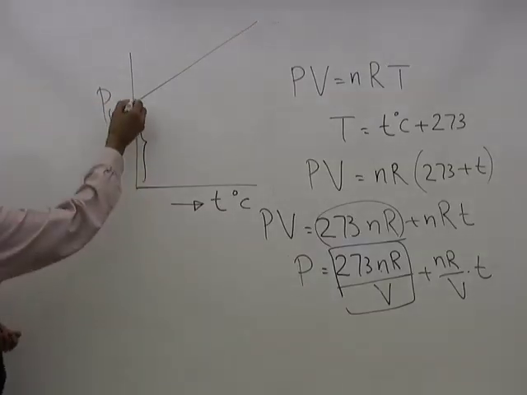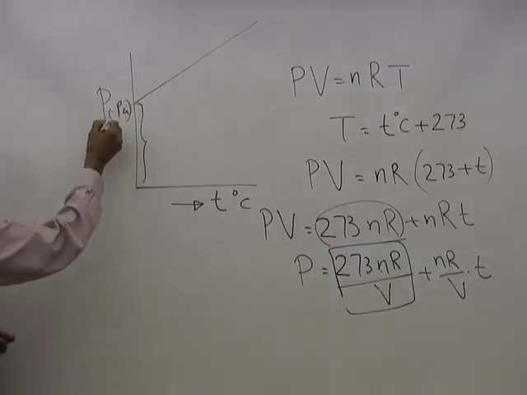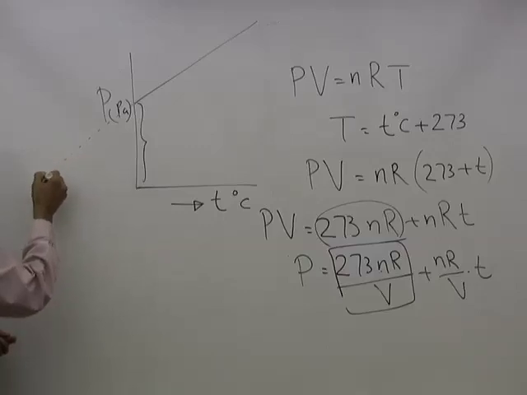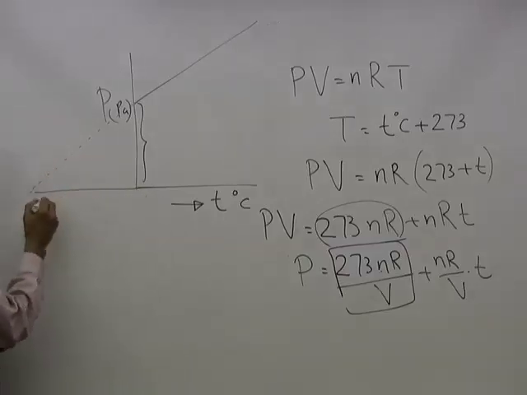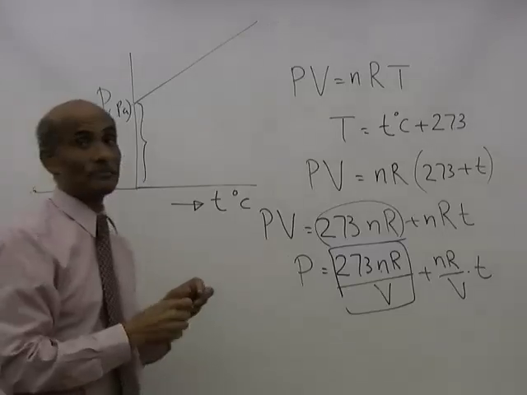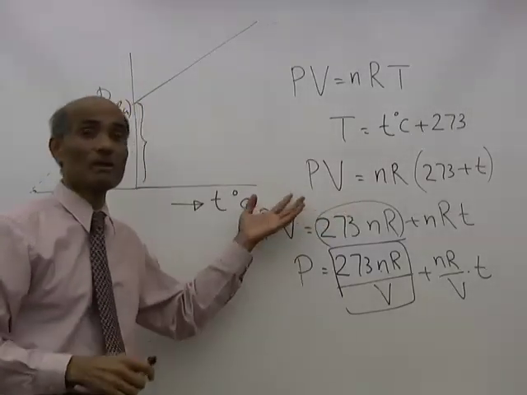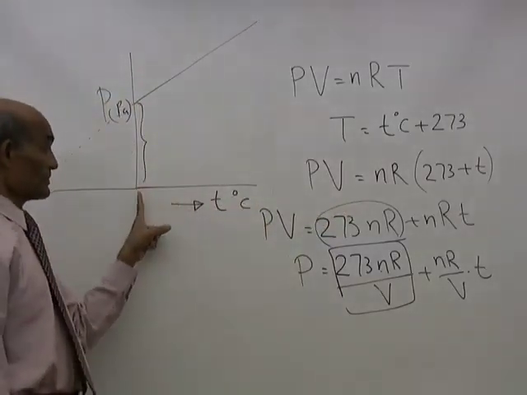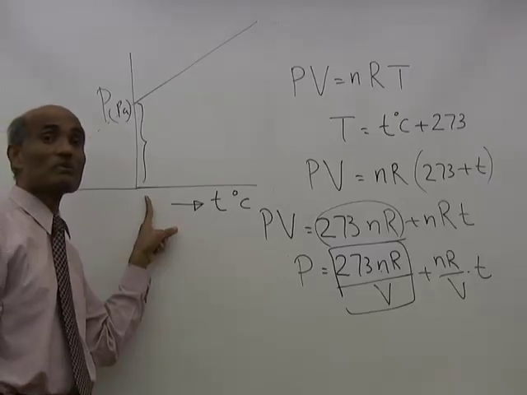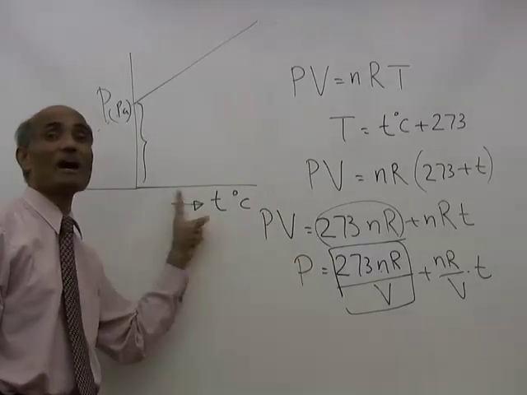Well, if you now extrapolate this graph, it will meet the temperature axis at absolute zero. Now, in order to do that, you must take care in your scale, because the temperatures that we used in the experiment are from 0 to about 100.